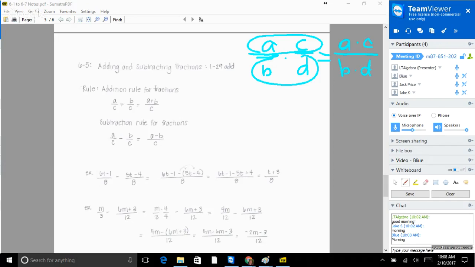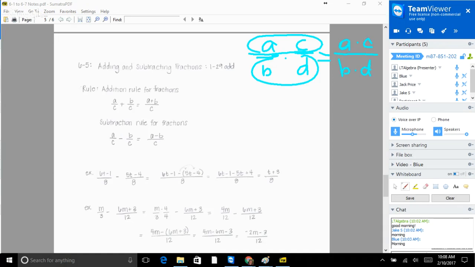Because you don't have to make sure anything's the same. You just multiply across the top, multiply across the bottom, and you're good to go.